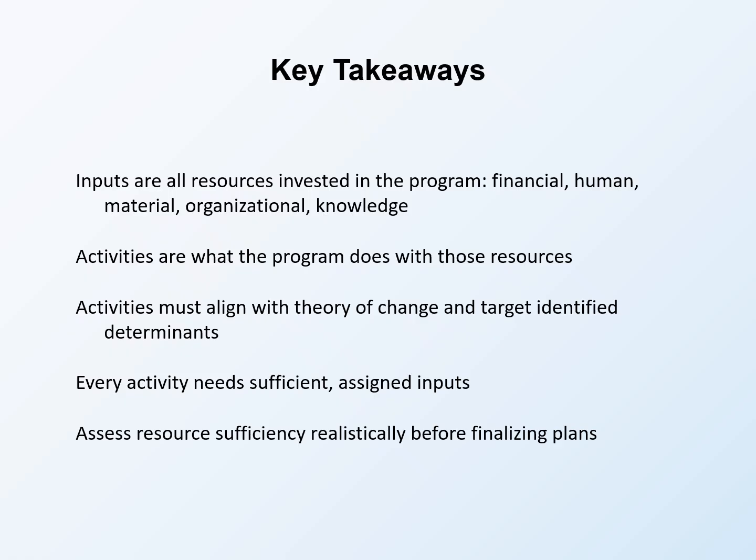Every activity needs sufficient assigned inputs. Draw explicit connections. Which resources support which activities? Are they enough? And assess resource sufficiency realistically before finalizing plans. Do the math, build in contingency. If resources don't match the plan, adjust the plan. In our next lesson, we'll complete the logic model by focusing on outputs and outcomes, the right side of your program plan. Thank you.